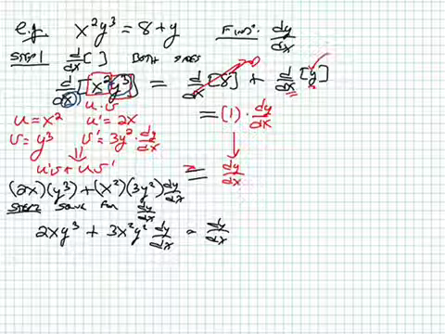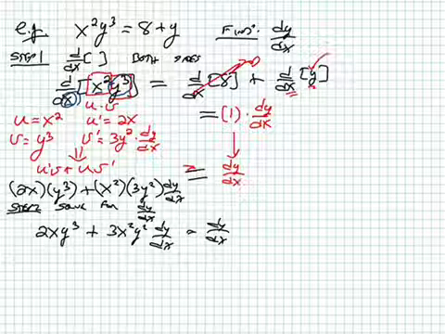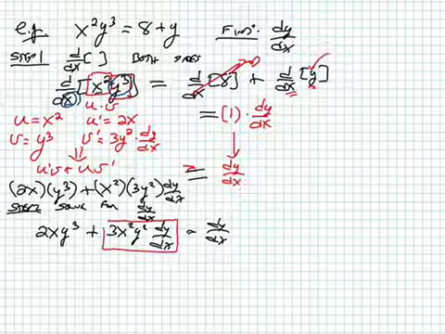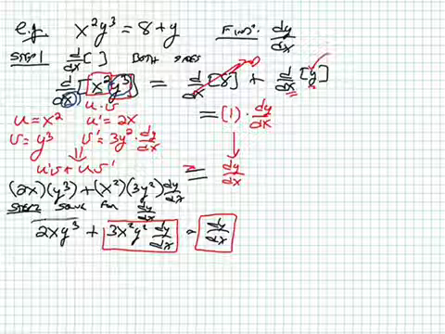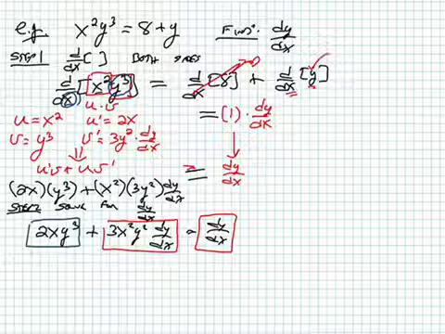And remember, what you want to do at this point is get everything that's touching a dy/dx on the left-hand side and everything else on the right-hand side. So everything that's touching a dy/dx, I'm going to get on the left-hand side, and everything that's not touching a dy/dx, I'm going to get on the right-hand side.